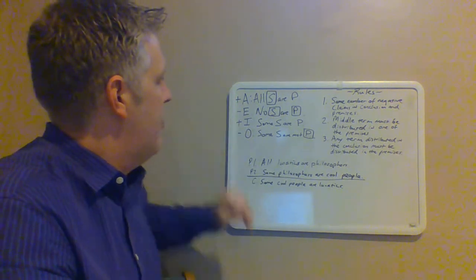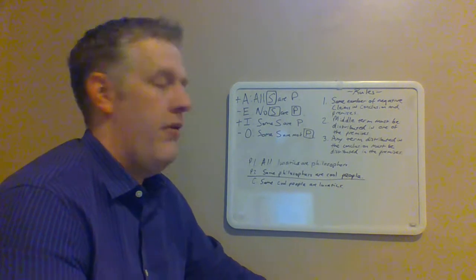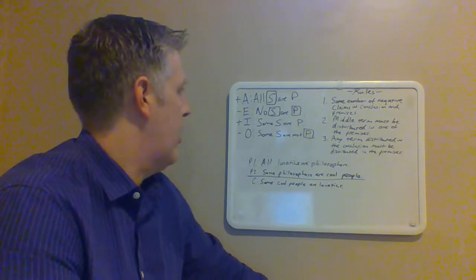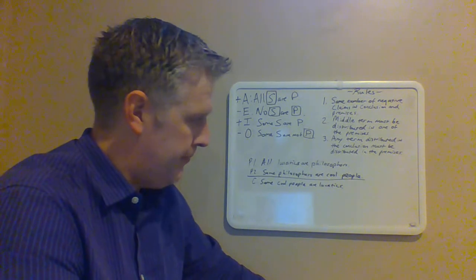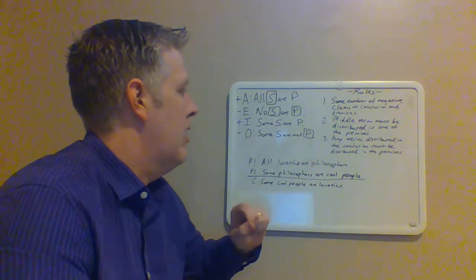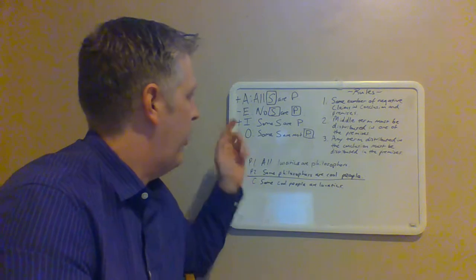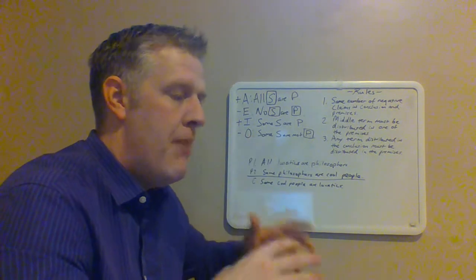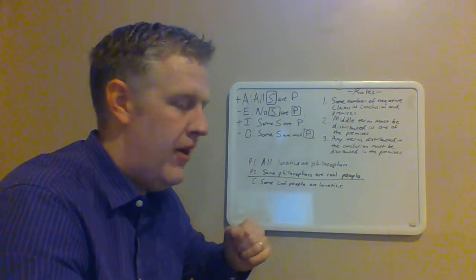So I've illustrated that up here. And then the new concept we have to familiarize ourselves with in terms of using the rules method is what's known as distribution, okay? So, when is a term distributed and when isn't it? Well, a term is distributed if and only if the claim says something about all members in that class or category that the term identifies.